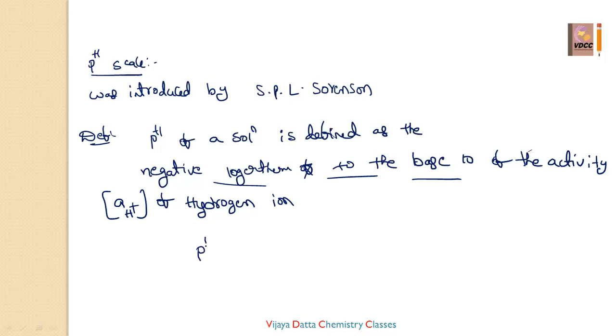So simply we can write pH is equal to negative logarithm to the base 10 of the concentration of H plus ion. This is the formula for the pH of a solution.